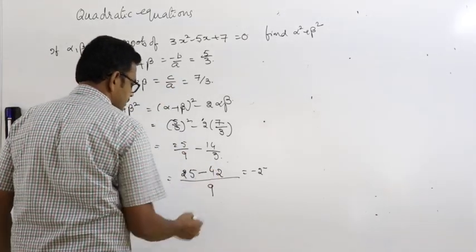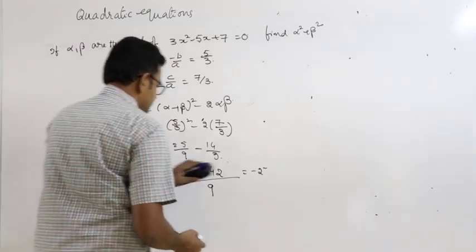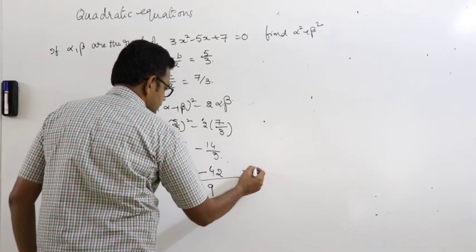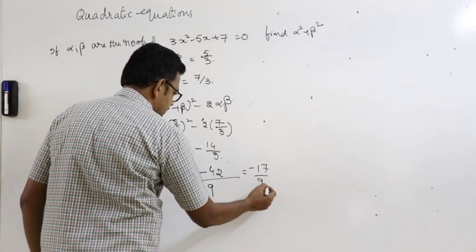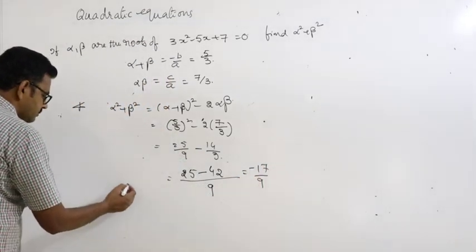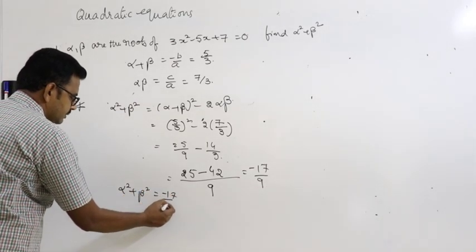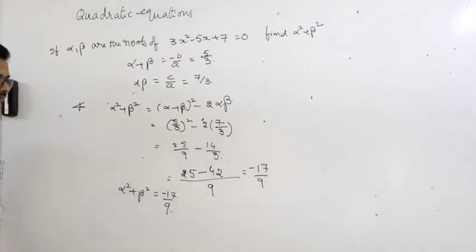So the value is minus 17 by 9. So alpha square plus beta square is equal to minus 17 by 9. That is the value.